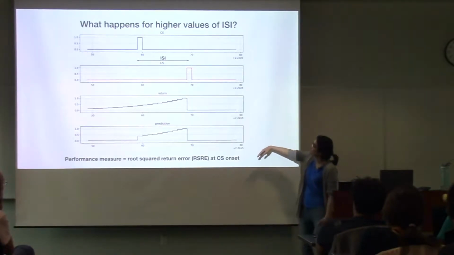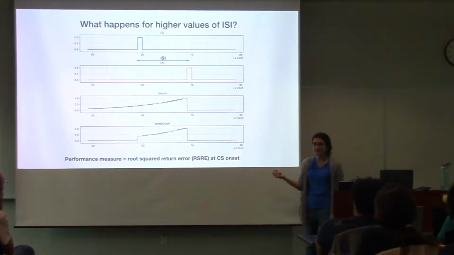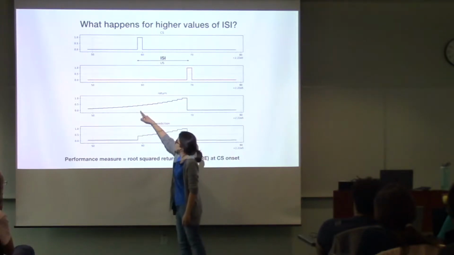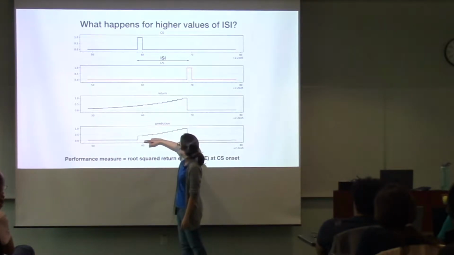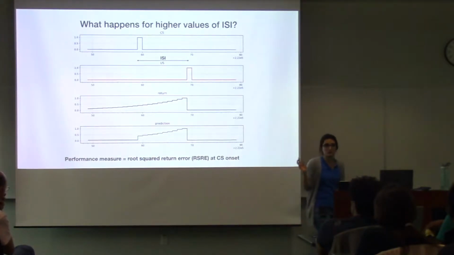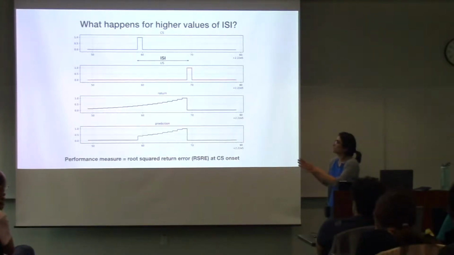You can see that this is a whole trial, and we want to reduce it to a number. So I compute the difference between prediction and return at the time of CS onset. But you could use different things, like the average, or the return error at the time of US onset.